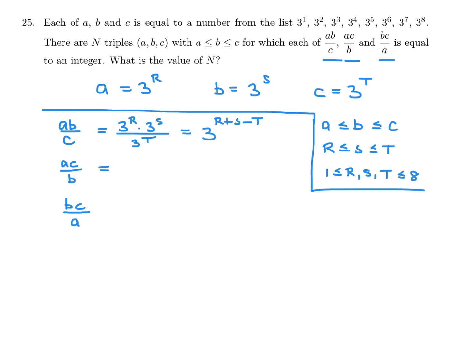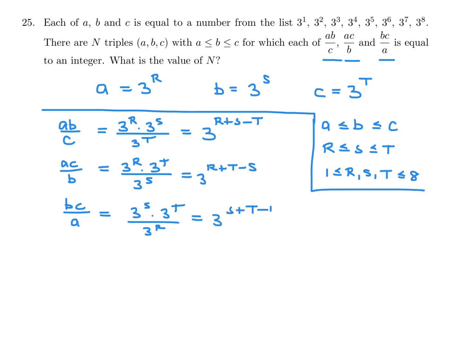And in a very similar way, this is going to be 3 to the power of r times 3 to the power of t over 3 to the power of s, which is 3 to the power of r plus t minus s. And of course, this is 3^s times 3^t over 3^r, and that is 3 to the power of s plus t minus r. Okay, great. So now we want these all to be integers.